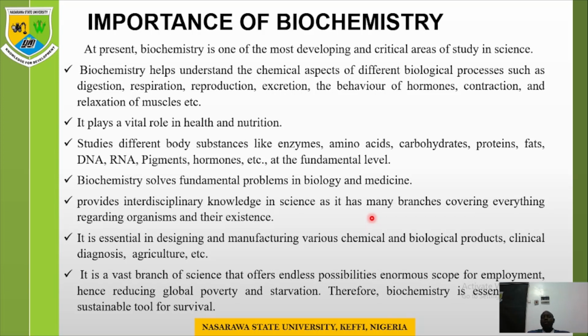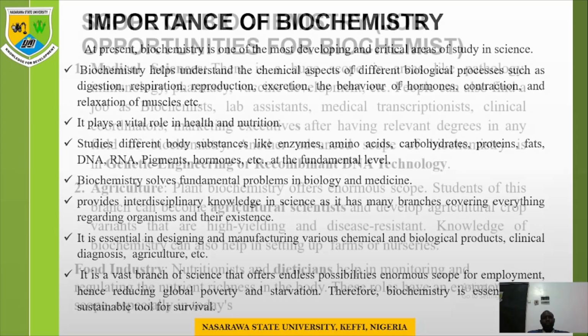Anybody that wants to go for medicine, MBBS, should first and foremost study either biochemistry, anatomy, or physiology at first degree, preferably biochemistry, because it is the nucleus of life sciences.